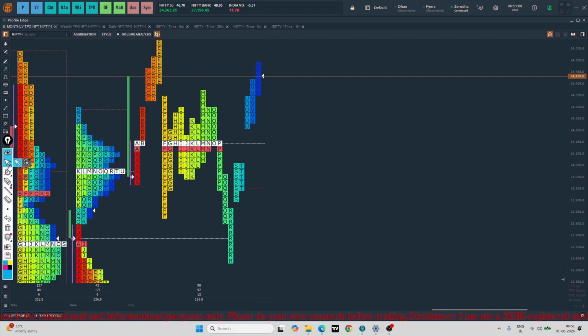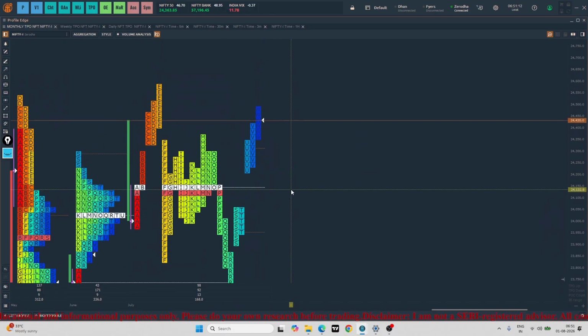So other time frame participants are in the market. That means big money is invested here and they wanted to take the market upside.